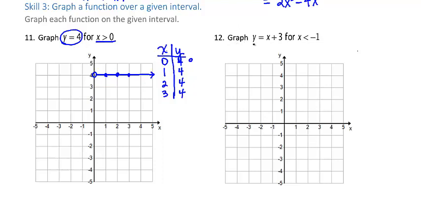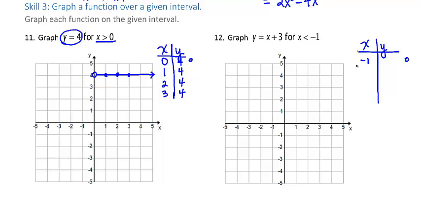Now if we want to graph y equals x plus 3 for x less than -1, we'll again make a table. To be less than -1 means my x values have to be -1, again, because it can be so close to -1 that I can't distinguish it from the other value, so I have to include that here, but I'm going to have an open circle because it's strictly less than.